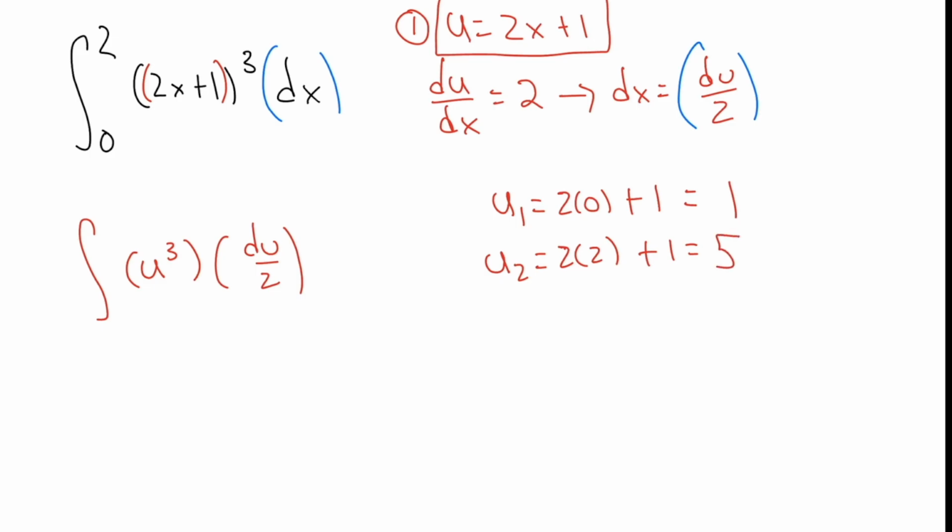So this 0 is coming from our a, and this 2 is coming from our b in our original definite integral. And now our lower bound is going to be 1, and our upper bound is going to be 5. So we're integrating from 1 to 5.